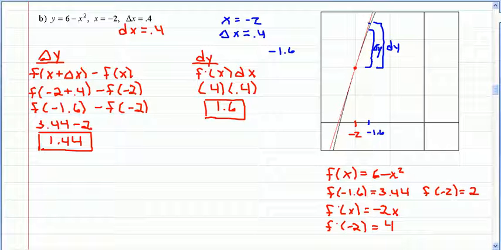So you can see that there's a difference in values right here. So this distance right here is the difference between delta y and dy.